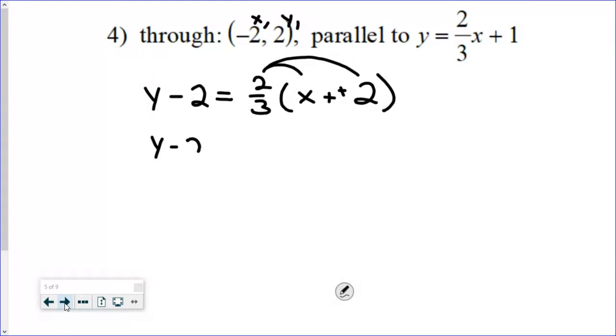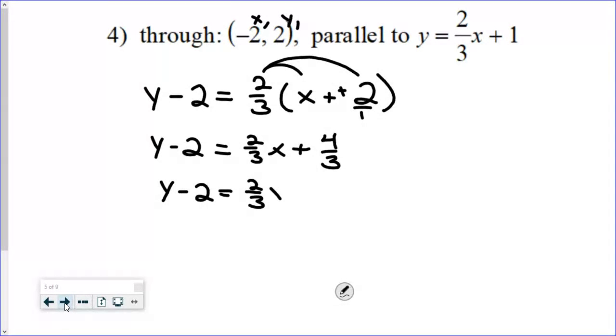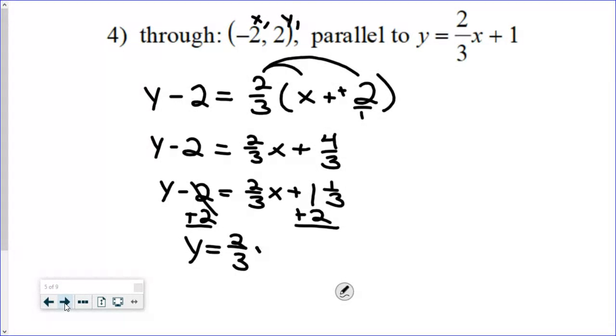So we have y minus 2 equals 2/3 times x plus, I'm going to put this over 1, top times the top, bottom times the bottom. Okay, if you want to, you could say 4/3 is the same as 1 1/3. So when I add 2 to both sides, I get 2/3 x plus 3 1/3.